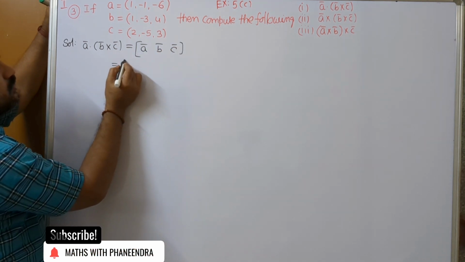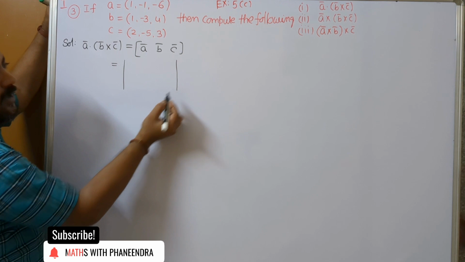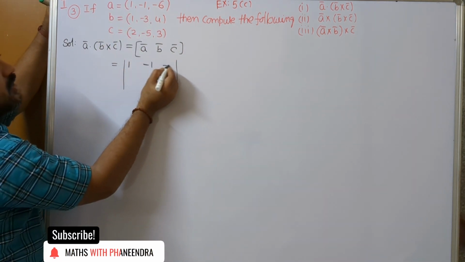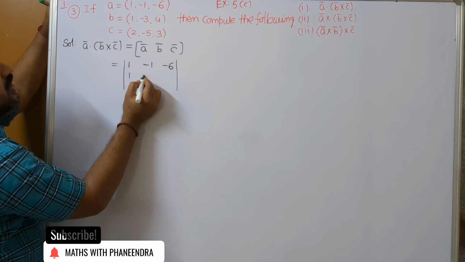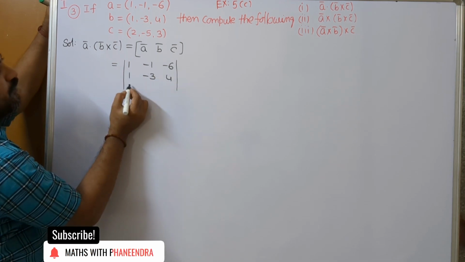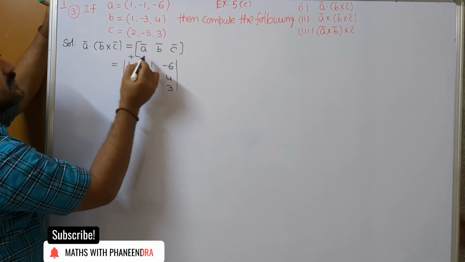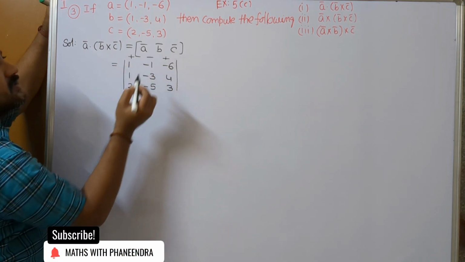So, which is equal to box of ABC, meaning the determinant of ABC. So, 1, minus 1, minus 6; 1, minus 3, 4; 2, minus 5, 3. Here plus, here minus, here plus.